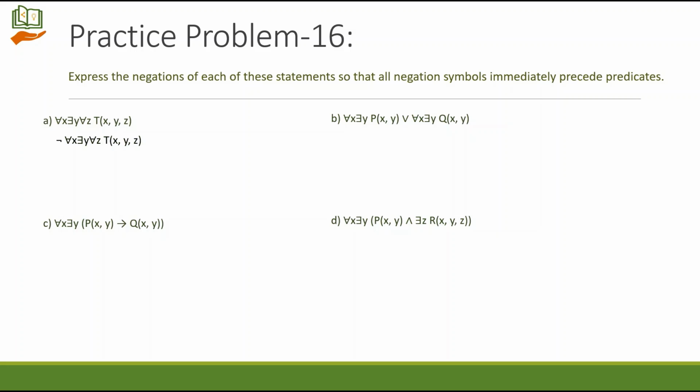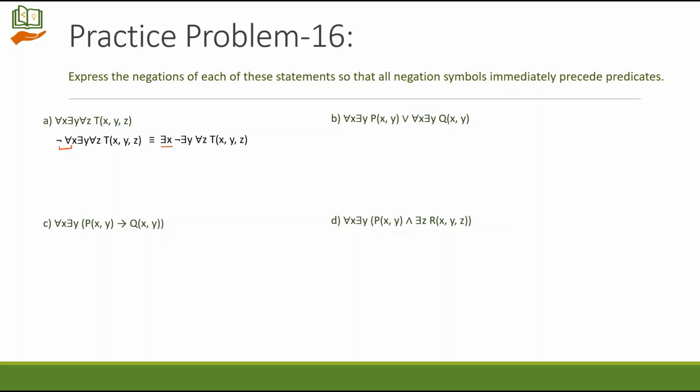So we are starting with negation of the complete statement. First we have to apply negation to this particular universal quantifier. What is negation of for all? It is existential. So we are changing to existential. Now this negation is moving to the next quantifier, so it is negation of existential along with the rest of the statement.